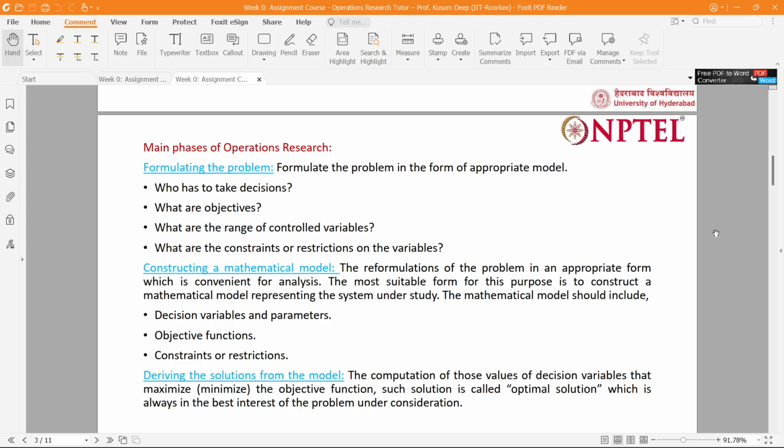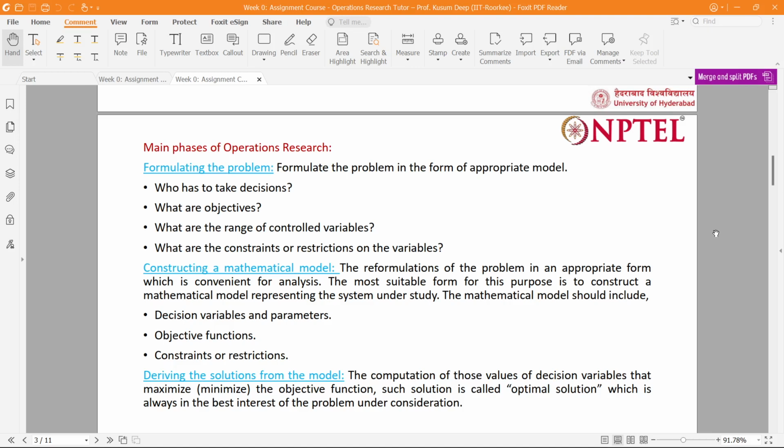The next thing is to construct a mathematical model. The mathematical model is used to reformulate the problem in an appropriate form which is convenient for analysis. This mathematical model mainly involves three components: decision variables, objective function, and constraints or restrictions.